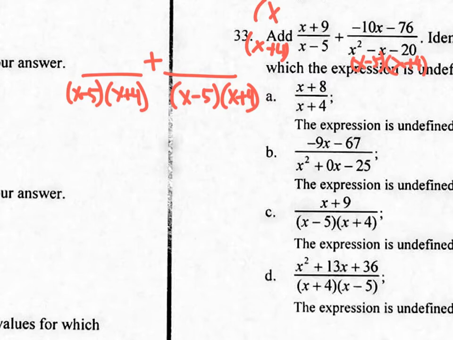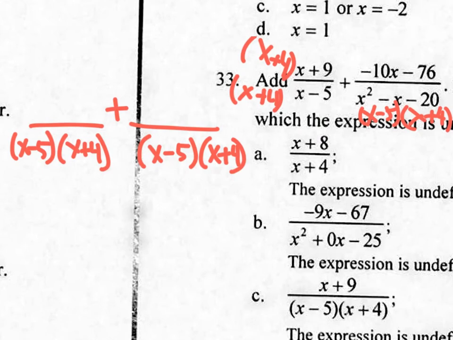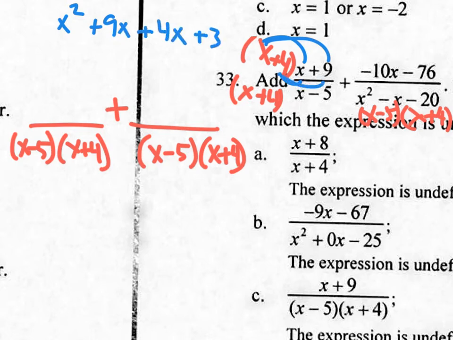You're going to multiply the top by x plus 4 also, which means that you're going to have to distribute up there. x times x is x squared. Let me just write it up here somewhere on the side. x times 9 is 9x. 4 times x is 4x. And 4 times 9 is 36.